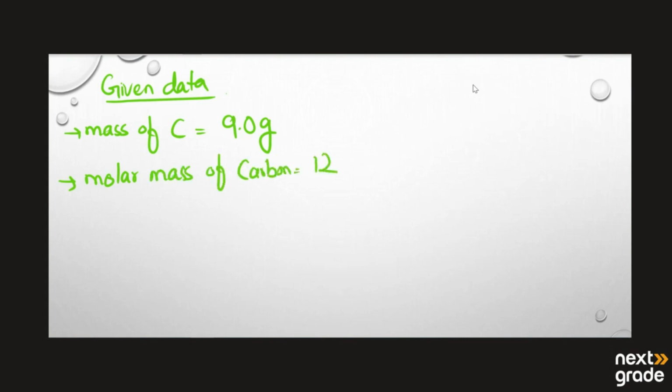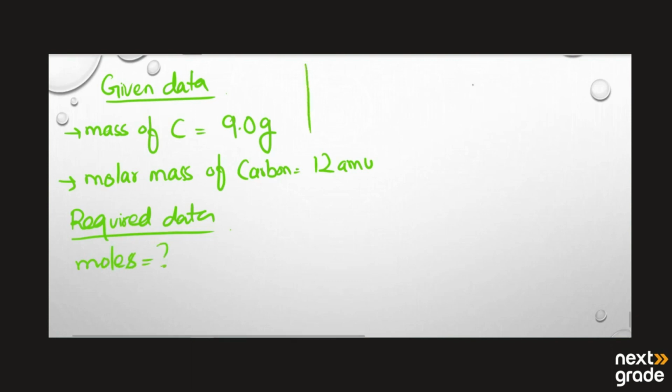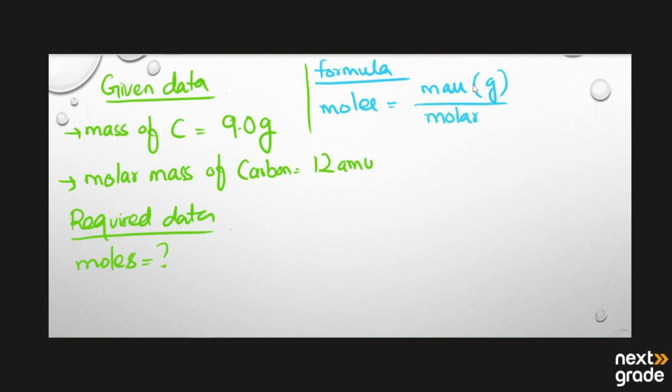After the 9.0 grams, what is the molar mass? The molar mass of carbon we have is 12 atomic mass unit. Next, what is the required data? The required data is moles. How can we find the moles? This is a very easy way: we just need to apply the simple formula. Moles is equal to mass of substance in grams divided by molar mass.